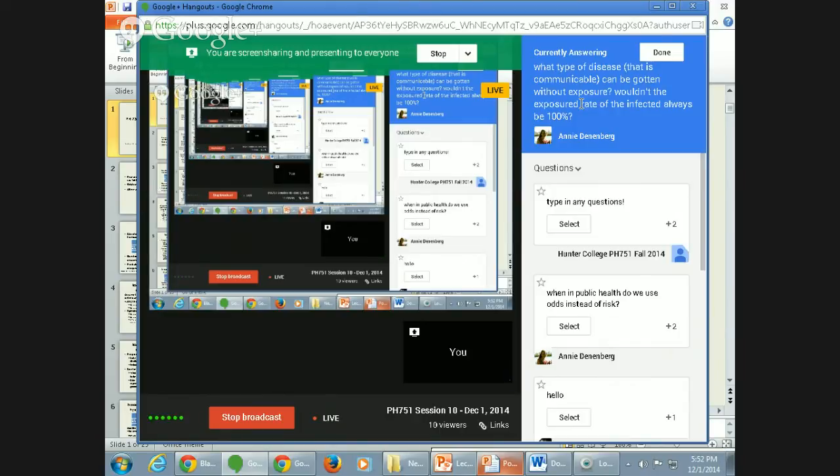So no, the risk of getting a disease, communicable or non-communicable, is, unless it's a really brutal exposure, generally not 100%. In communicable diseases, we could talk about the risk of HIV given certain risk factors.